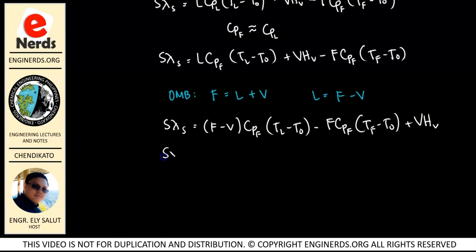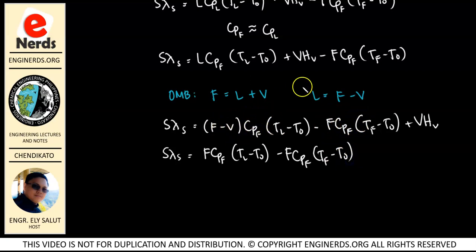So, we have S lambda S is equal to F CPF times TL minus TO. Then, ito muna, para maipagtabi natin yung FCPF, so I have minus F CPF times TF minus TO. Then, because this is distributive property, I will have minus V CPF times TL minus TO.